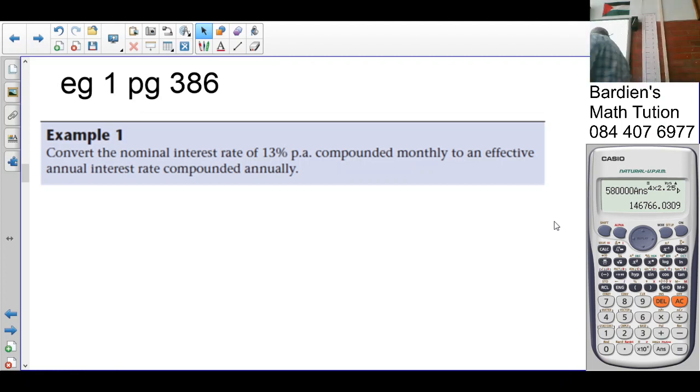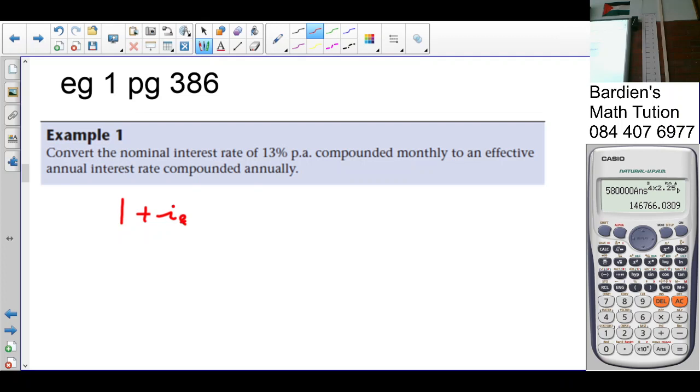So what's the formula? When you do these calculations, you write this formula down all the time, so that after a couple of calculations, you have memorized the formula. So what's the formula? 1 plus I effective equals 1 plus I to the exponent m over m to the exponent m.